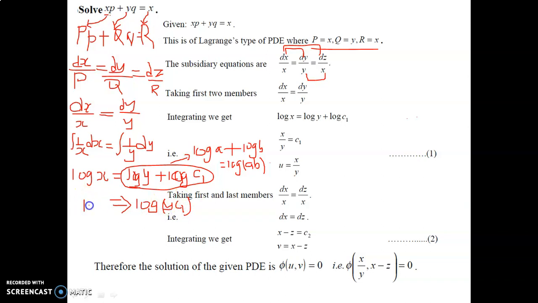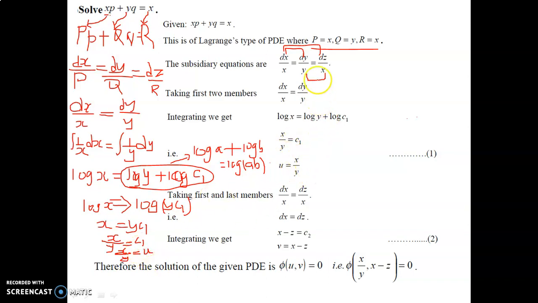On the left hand side we have log x, and here we have log of y c1. Upon simplification, we can remove log on both sides. Therefore, x is equal to y c1. I can write it as x by y equal to c1, which is nothing but x by y equal to u.